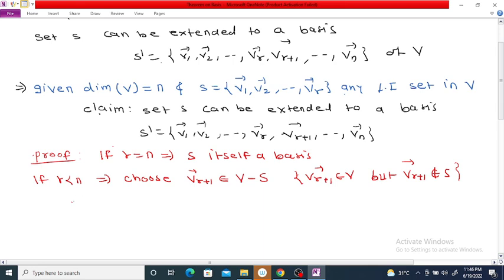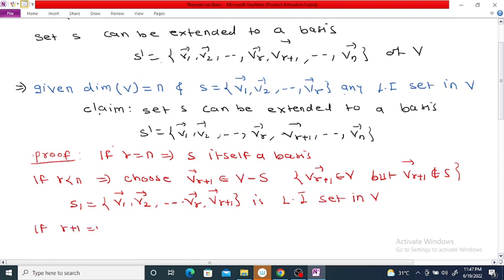We select this vr plus 1 bar such that the new set S1 = {v1 bar, v2 bar, ..., vr bar, vr plus 1 bar} is a linearly independent set in V. Now if r plus 1 is equal to n, then S dash is equal to S1, a basis for V, and we have extended to a basis set.